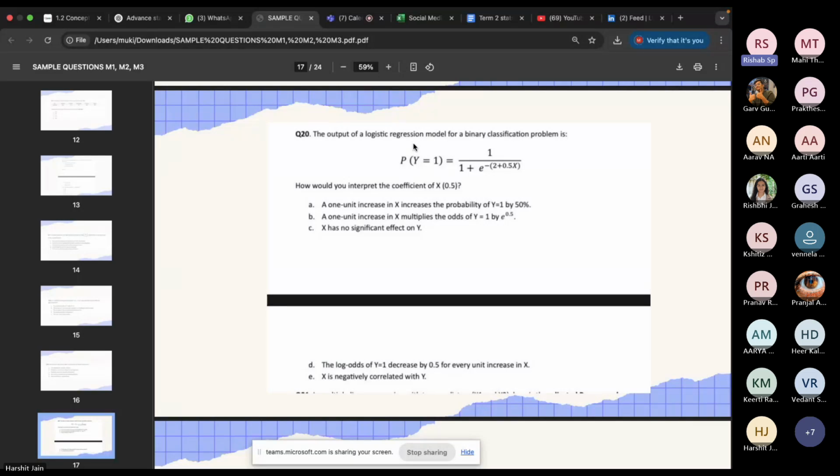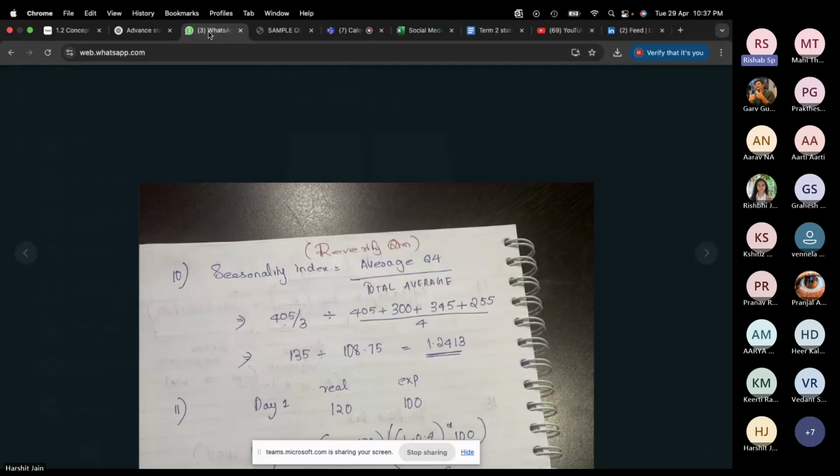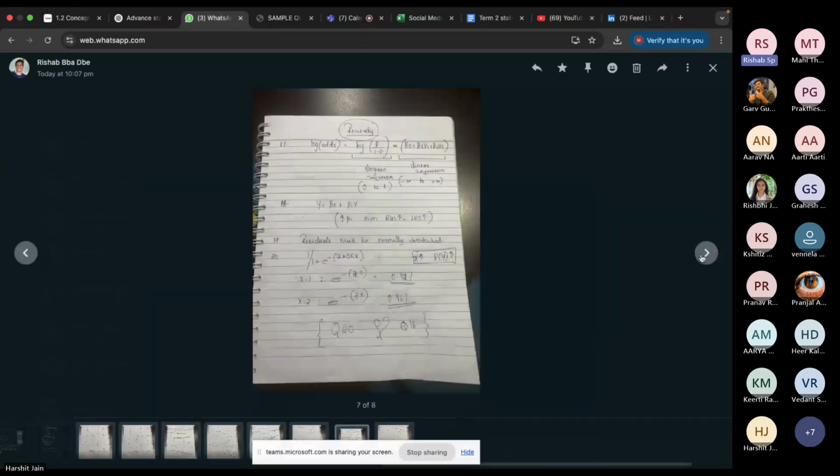Then I saw that the values are increasing. As x increases, the overall probability is also increasing. So my answer was option B. Can you show the answer sheet? No, my answer was the second, option B.